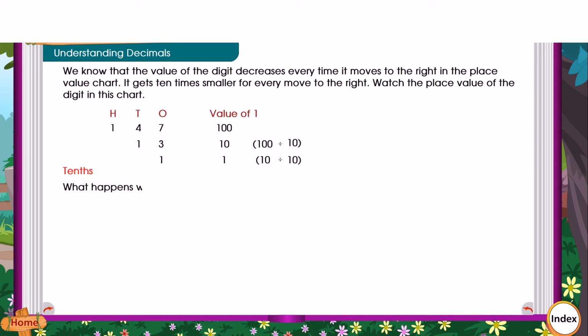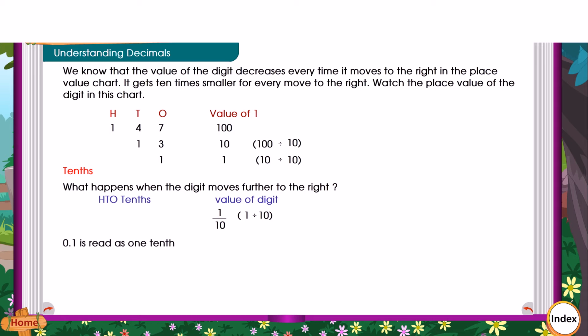What happens when the digit moves further to the right? H T O tenths 0.1. Value of digit 1 divided by 10. 0.1 is read as 1/10 or zero point one.